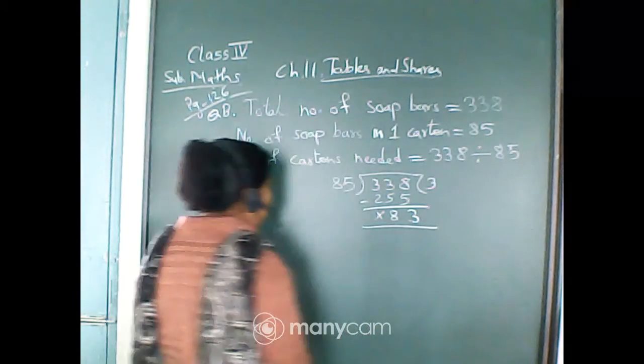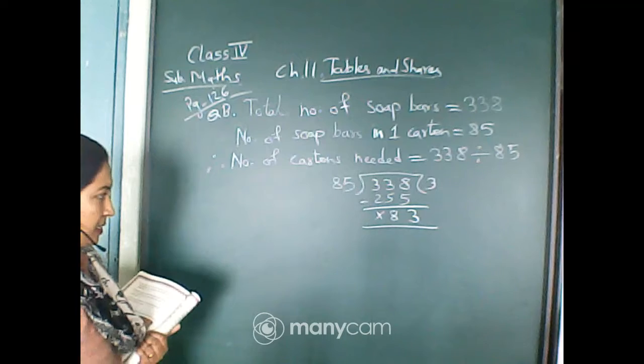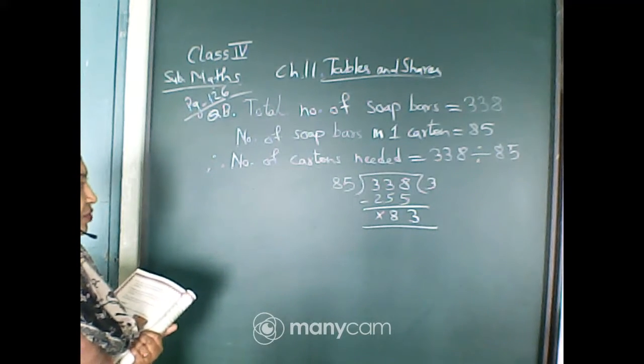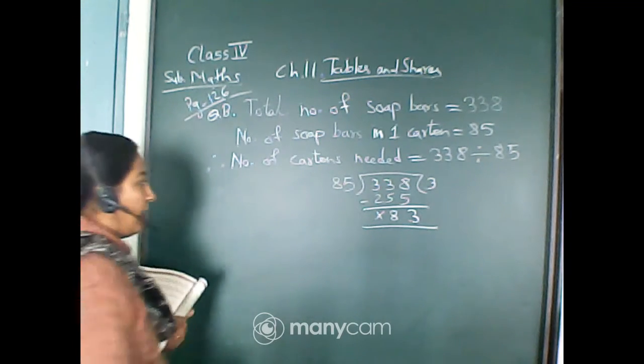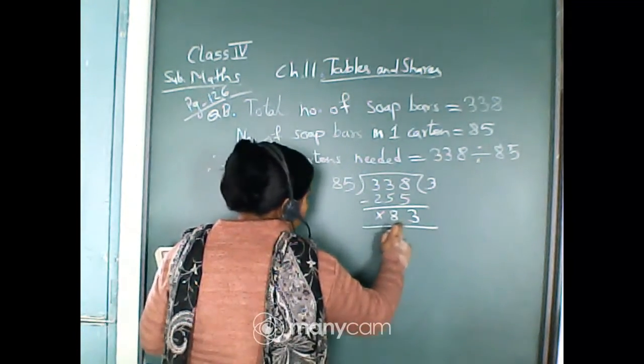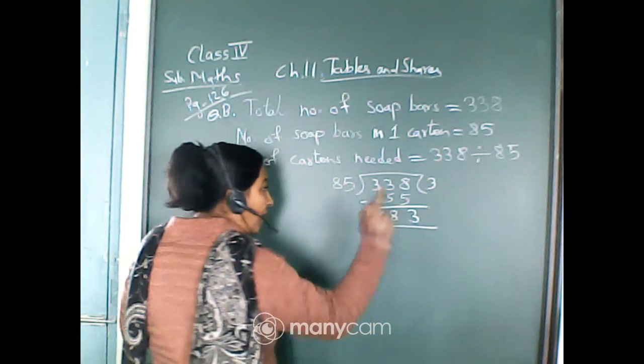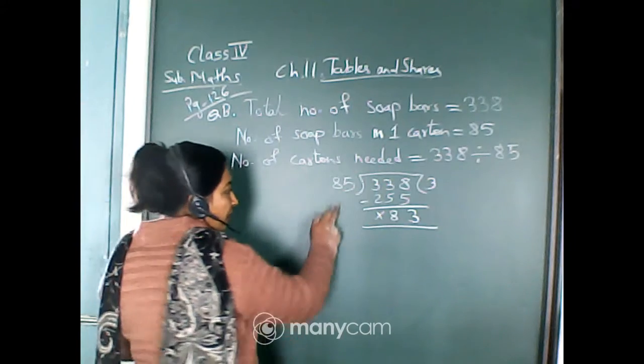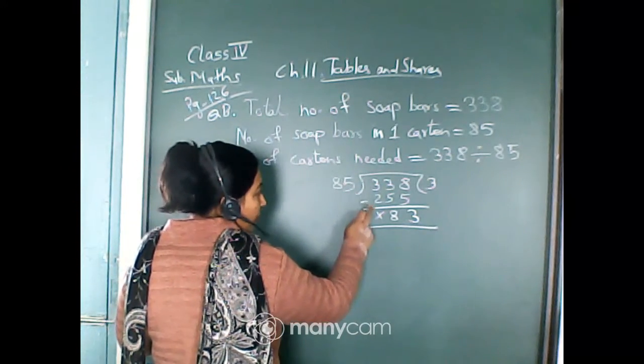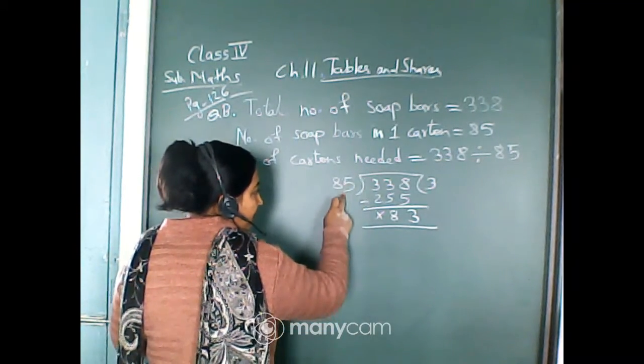Isn't it? See here, everyone look at the board. After dividing we are getting 3 as the answer. That means 3 cartons we need to pack the soaps. But after that 83 soaps are left, isn't it? So to pack these 83 soaps we need one more carton, because in one carton we can pack only 85. So 83 is 2 less than 85, isn't it?